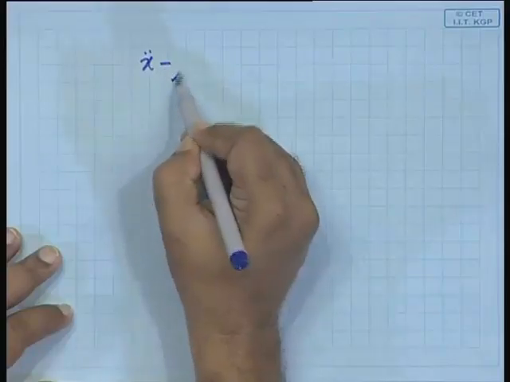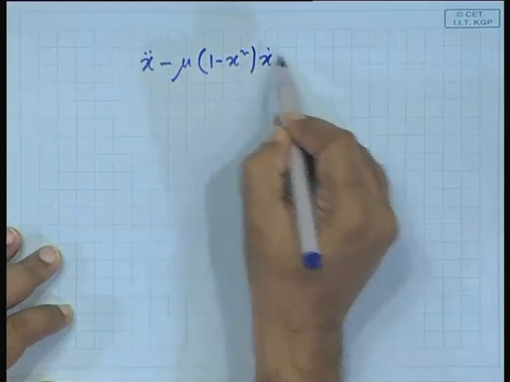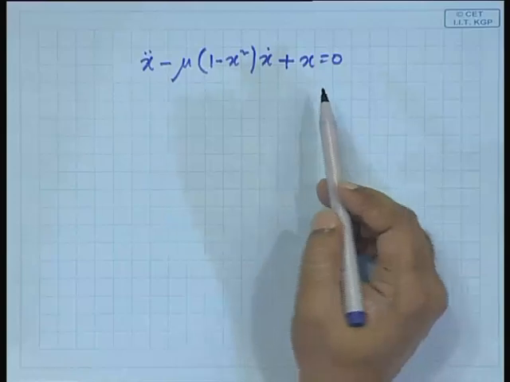Anyway, the point is that in some very simple cases, it is possible to work piecemeal by looking at the local linear neighborhoods of each equilibrium point. But under certain conditions that has to be taken with a pinch of salt, and there are situations where it cannot be done. We had analyzed one situation in the last class, that was x double dot minus mu times 1 minus x square times x dot plus x is equal to 0. This equation we had handled in the last class.